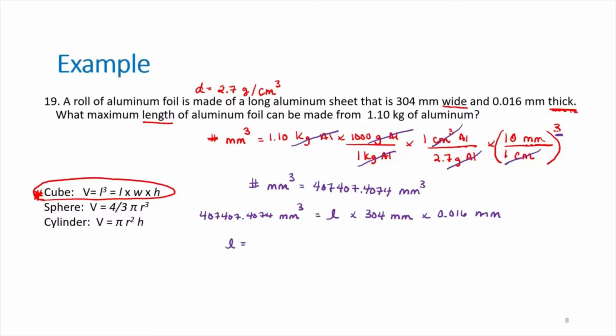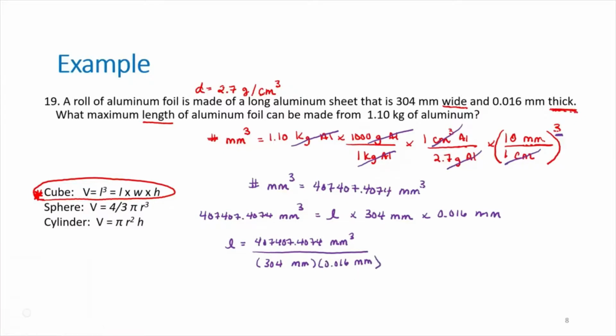Rearrange that equation and solve for length. So length equals 407.4074 millimeters cubed divided by 304 millimeters times 0.016 millimeters.